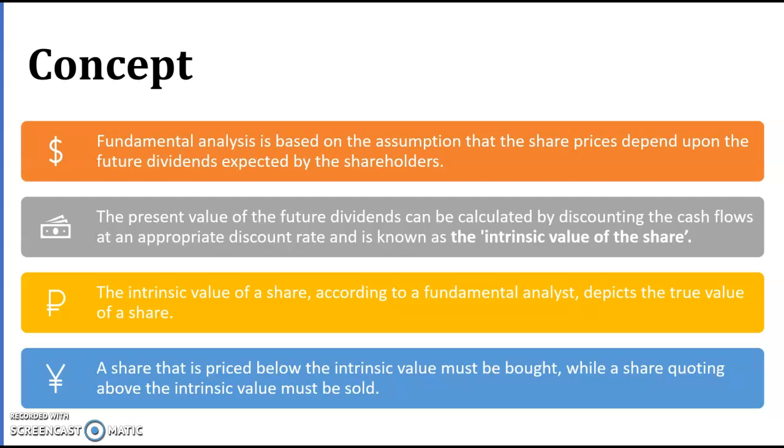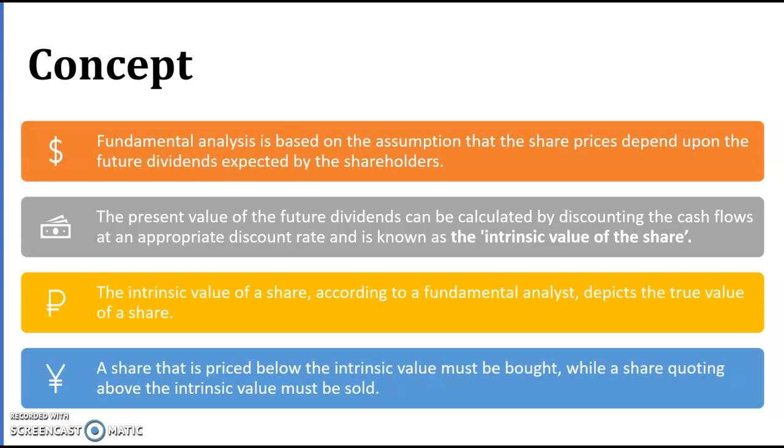Right, understood? If you simply imagine a line where the intrinsic value is at a particular point and the market price is also at a particular point, and the intrinsic value is higher than the market price, then it can be predicted that the share price would move up in the near future to reach the intrinsic value.